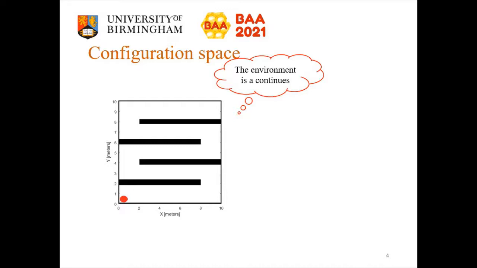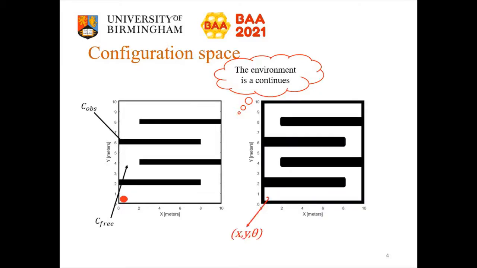C-free is the area in which the robot can move without collision with any obstacle. C-obstacle is the area where the obstacle exists. In order to represent a mobile robot as a point, the obstacle area is inflated by an additional area which is proportionate to the robot radius.